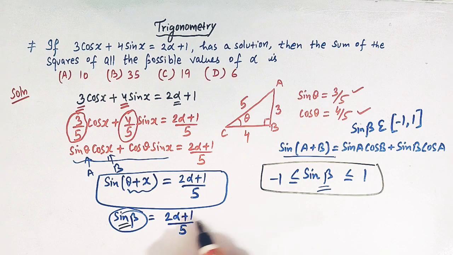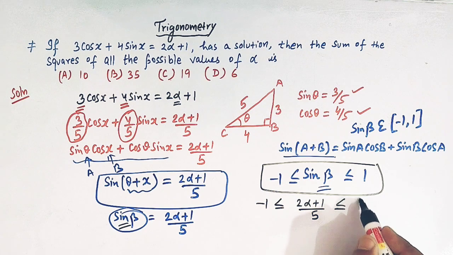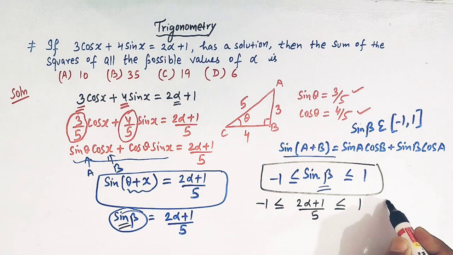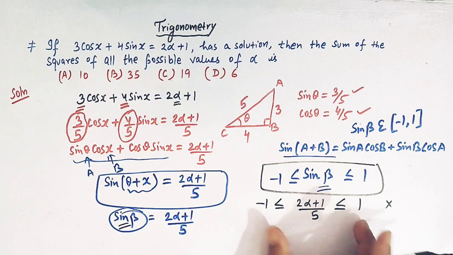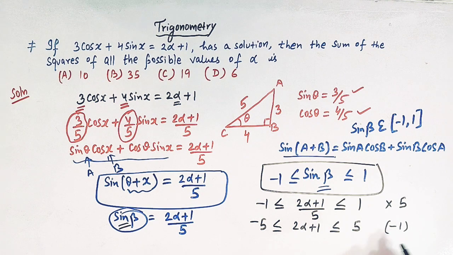So we have minus 1, here we have 2 alpha plus 1 over 5, and here we have 1. Now let us multiply this inequality throughout by 5. So we get minus 5, here 2 alpha plus 1, and here 5. Now let us subtract 1 throughout.